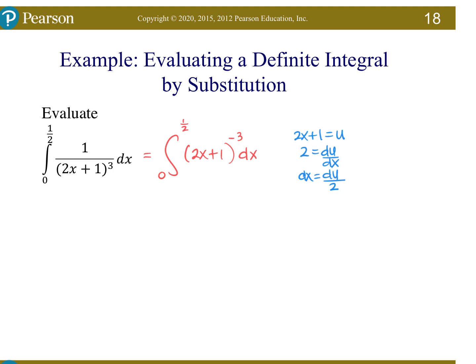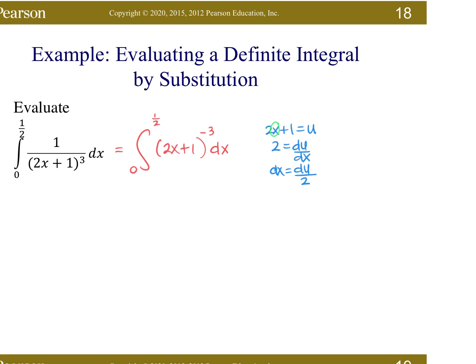So all we do is take those bounds and substitute them in for x. So the lower bound will become 2 parentheses 0 plus 1, which turns out to be 1. And then the upper bound is 2 parentheses 1/2 plus 1, which turns out to be 2.